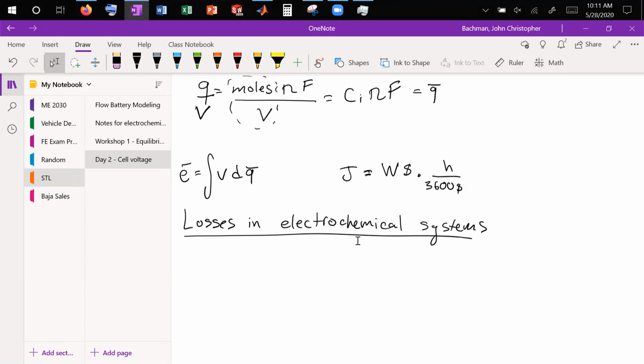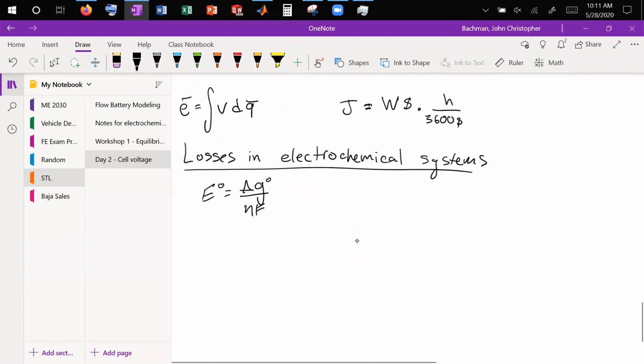Like you saw, this change in Gibbs free energy at standard conditions is the most work that can be done in these systems, right? And so basically this E naught is when the system is running, if you're getting that voltage, you're basically running at 100% efficiency.